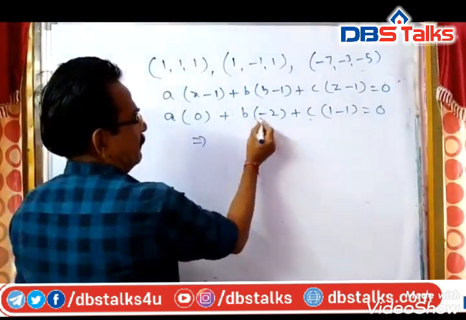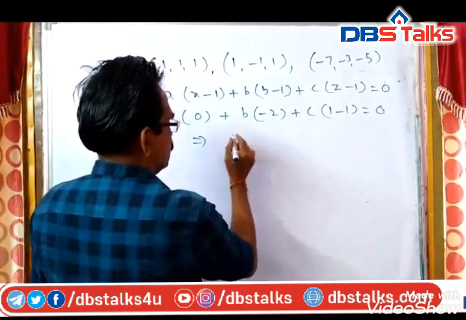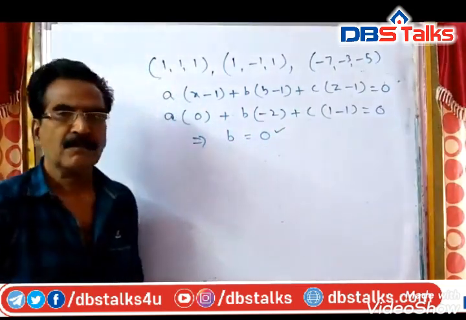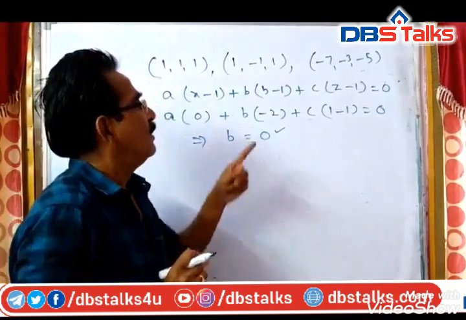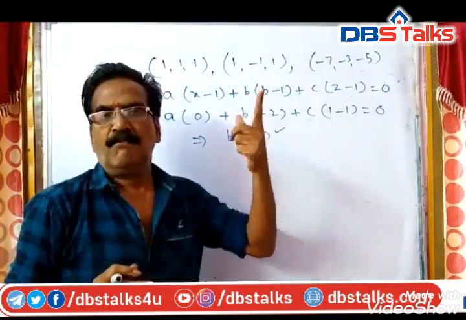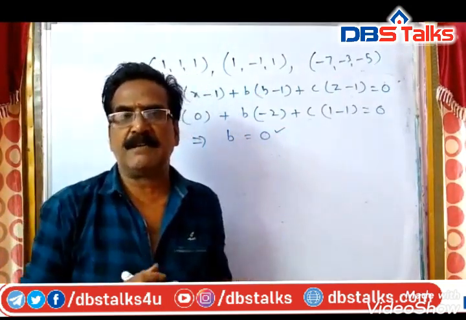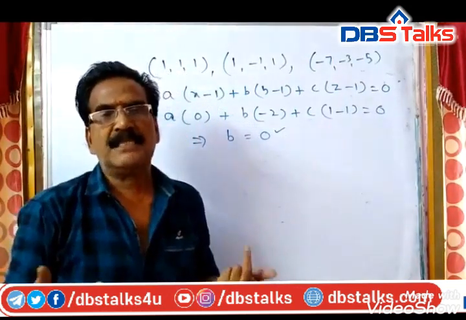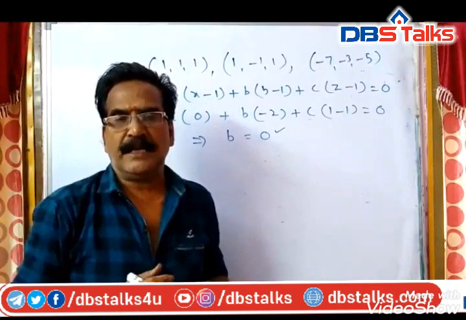It implies minus 2b is 0. It implies b is equal to 0. So b is equal to 0 means the y term is not there in your plane equation. Since the y term is not there, y is 0.